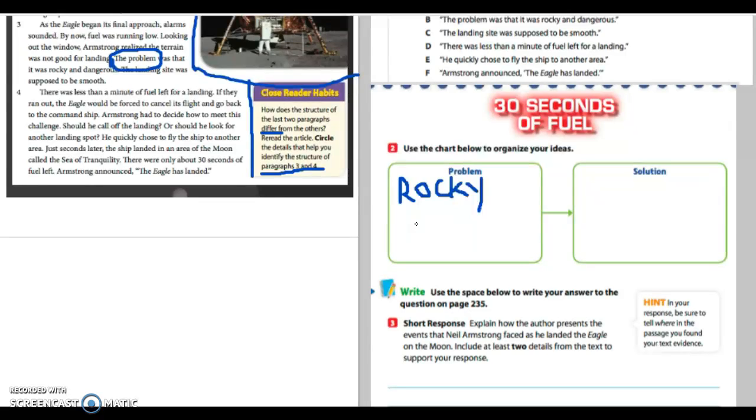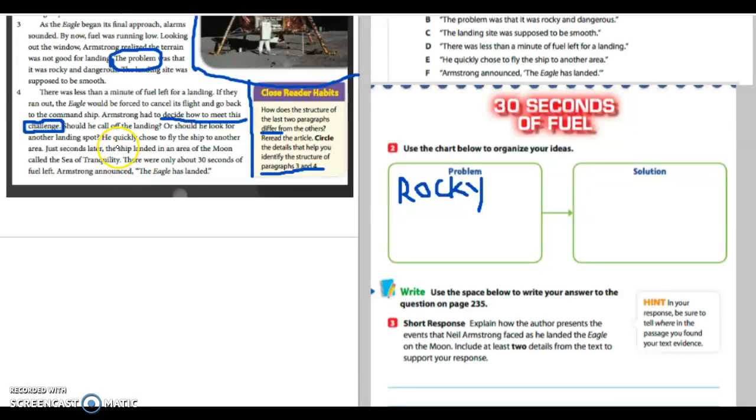Next, it said in paragraph 4, Armstrong had to decide how to meet his challenge. And that word right here, challenge, is one of our clue words for problem and solution. So Armstrong had to decide how to meet this challenge. That is part of the problem and the solution.